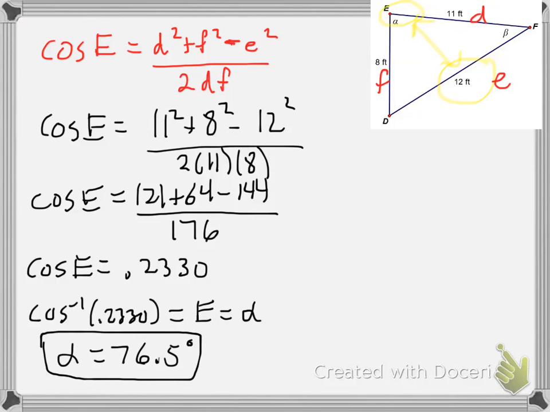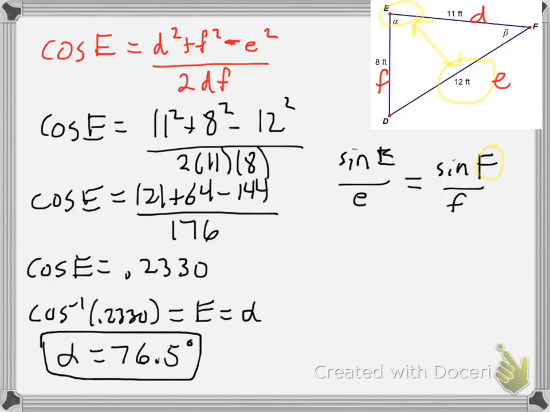So let's do the law of sines. Now we already have E, so I'm going to get sine E over little e equals, we want the F angle, so we're going to go sine F, which is really our beta. Okay. So let's rearrange this thing. Again, I want to get F here.